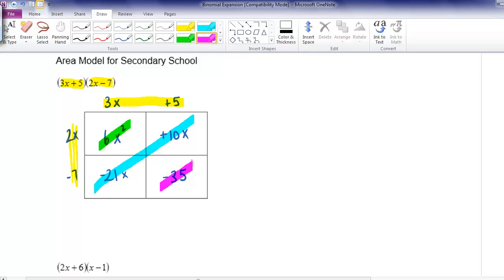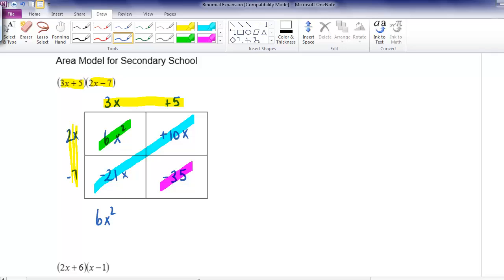And this is going to be our number. So this is one of the things I want to develop in using an area model. We want to see consistently how each box is represented. If we look at our idea of like terms, we have only the 6x squared term.